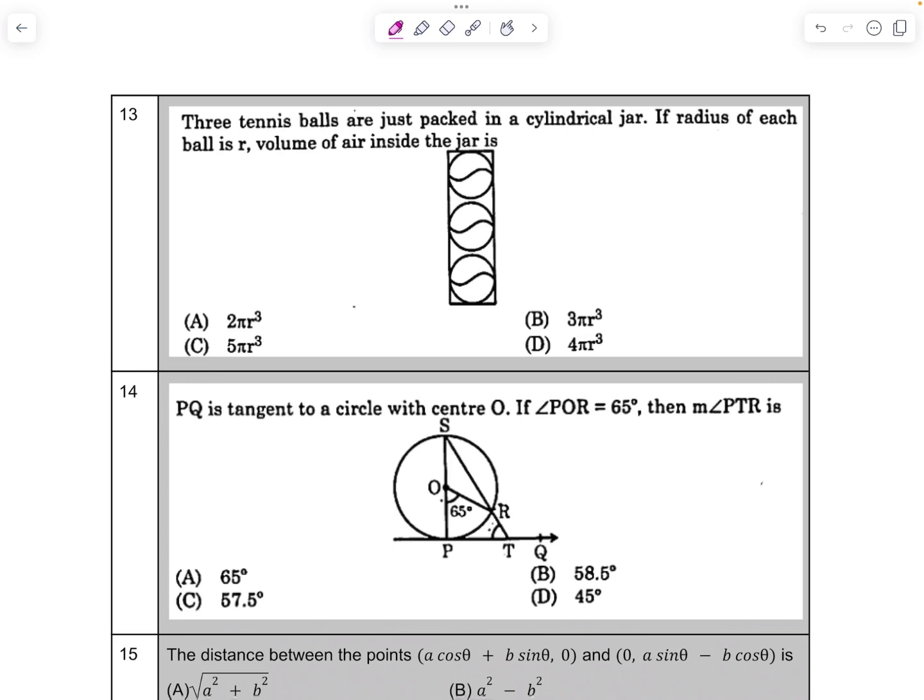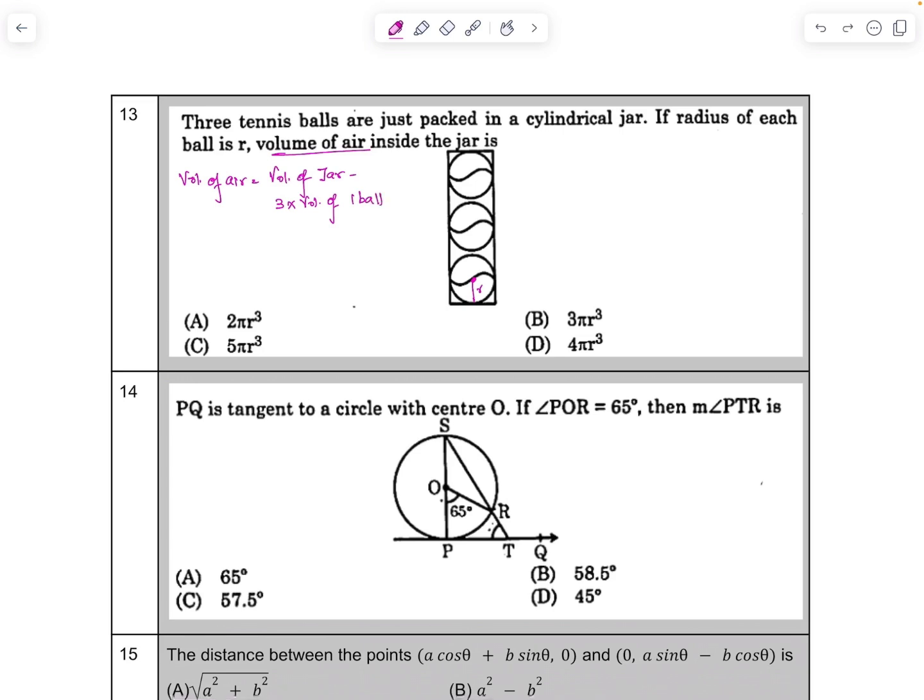Question number 13. Three tennis balls are just packed in a cylindrical jar. If radius of each ball is r, volume of air inside the jar is. The radius of one ball is r. Volume of air is volume of jar minus 3 times volume of one ball.